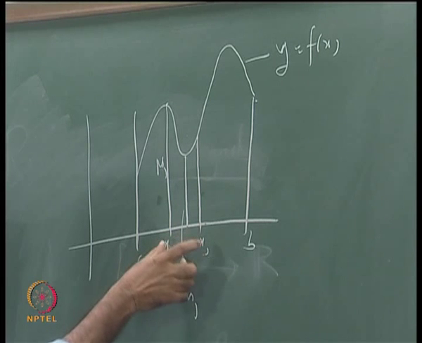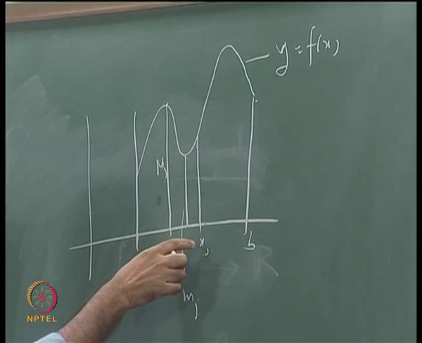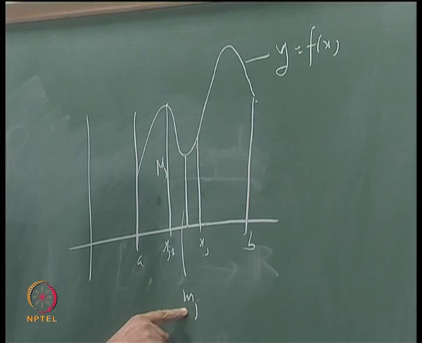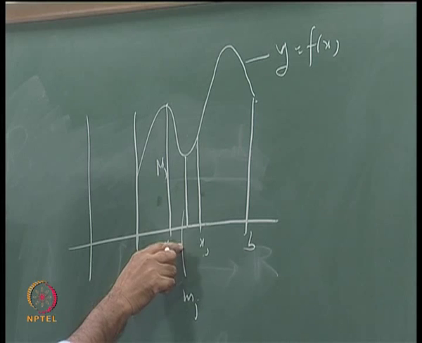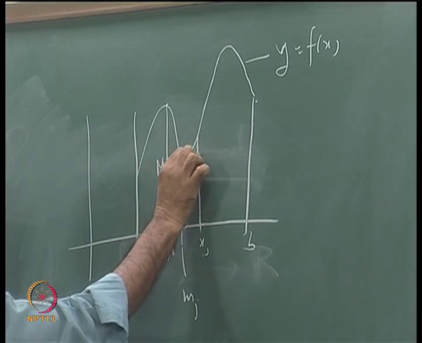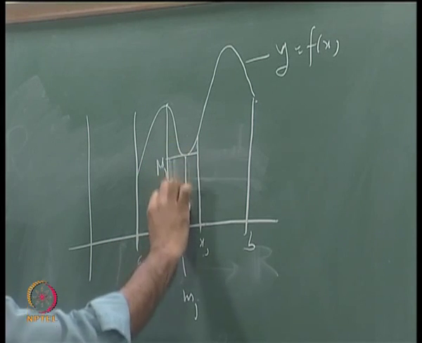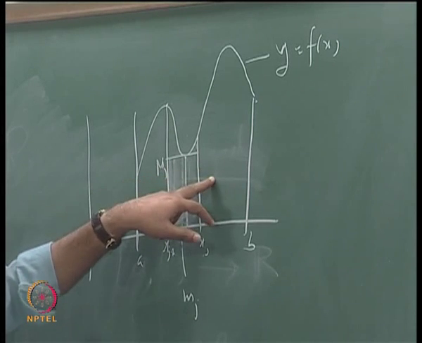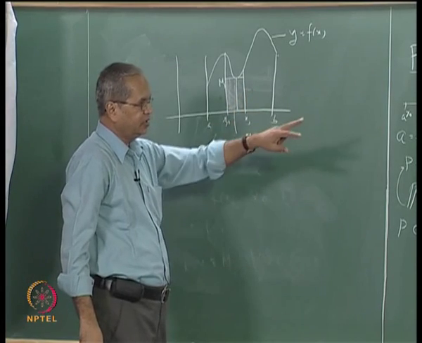So when you multiply this big M suffix j or small m suffix j by this xj minus xj minus 1, let us take this case first, which will correspond to the lower sum, mj into xj minus xj minus 1, that will represent the area of this rectangle. Okay. And when you do it for all such subintervals, that is what you will get in the lower sum.